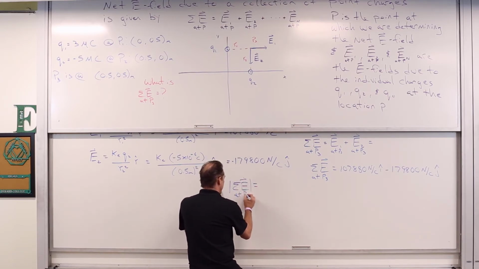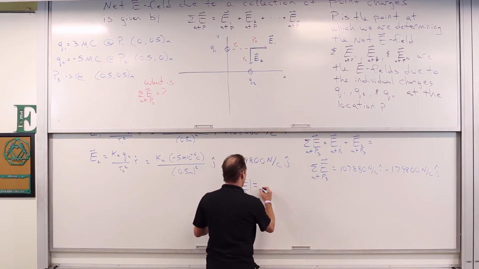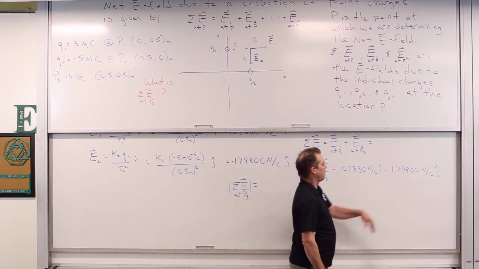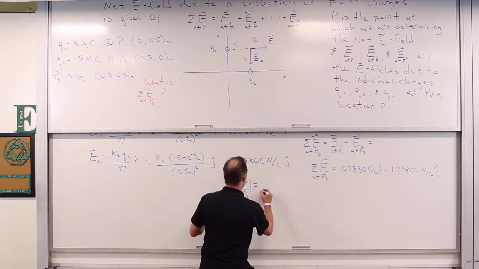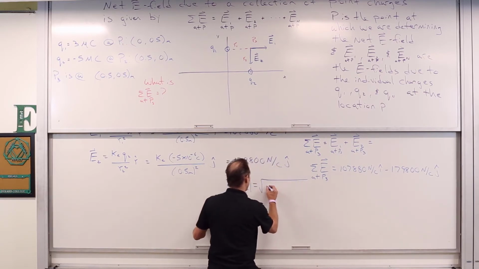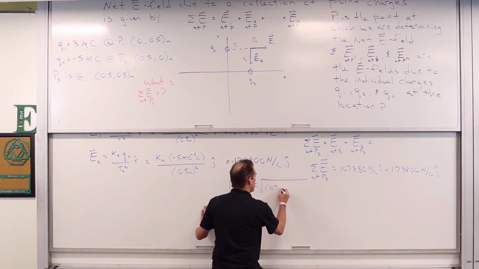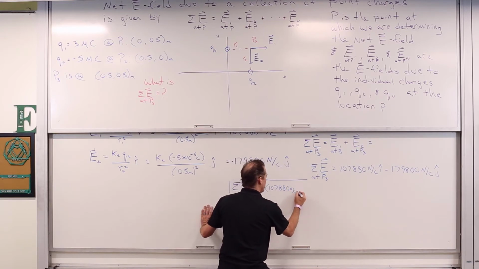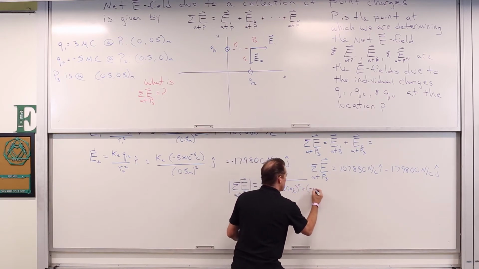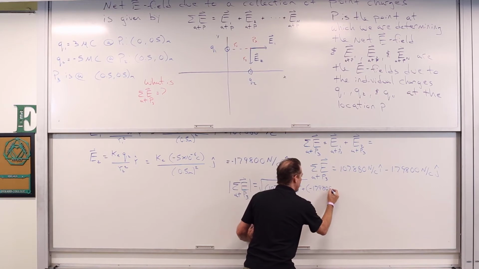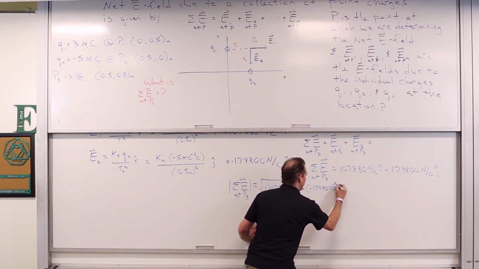This again at P3 is going to be equal to the square root of this squared plus that squared. Square root of 107,880 newtons per coulomb quantity squared plus negative 179,800 newtons per coulomb quantity squared.